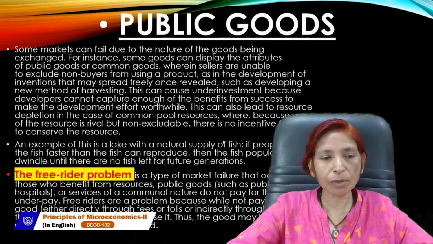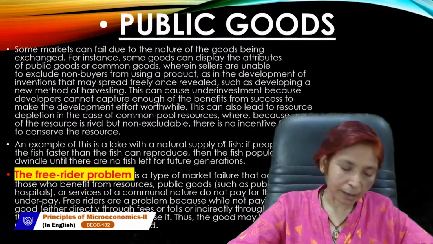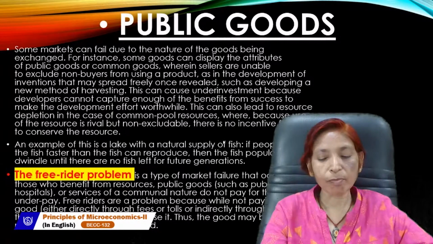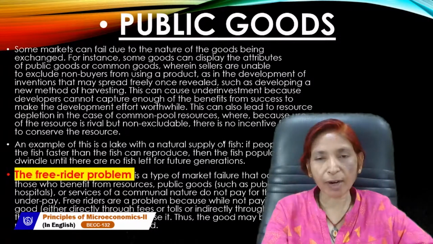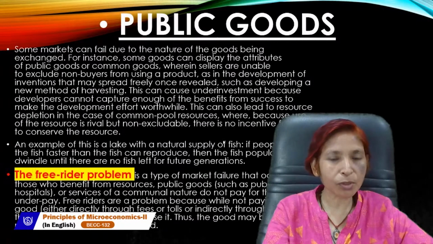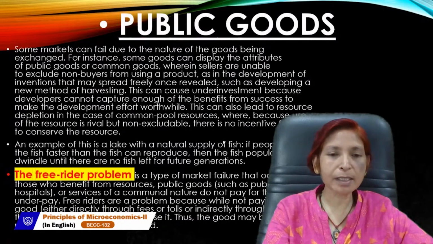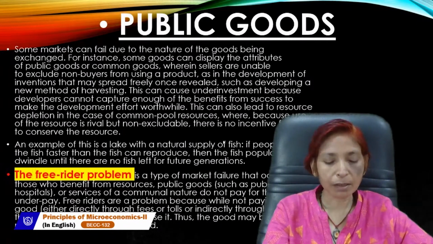The wastage of water is called the public good problem. That is also the main cause of market failure. Public goods are the main cause of market failure because those goods which are provided by the government to all the people of the country at free of cost, whether they are paying or not paying, everyone can use. They can use like common pool resources or collective consumption, like a park.